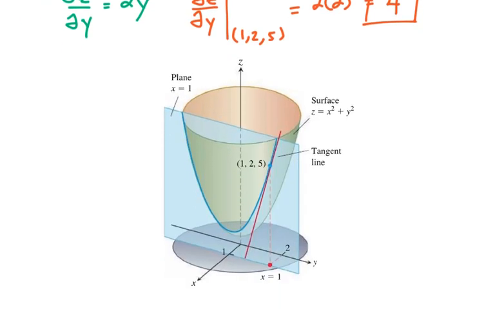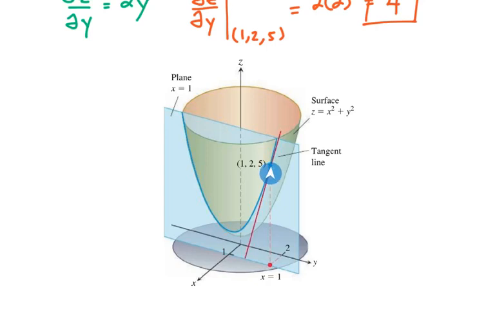So we started with this surface, this paraboloid. We sliced it with the plane at x equals 1. And what that did was create this parabolic curve along the surface. So at any x equals 1 that's on that surface, it's going to be on that parabola.